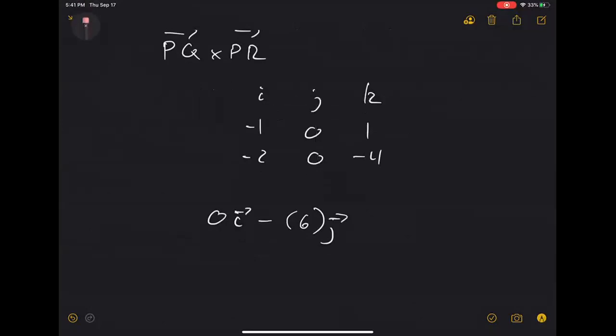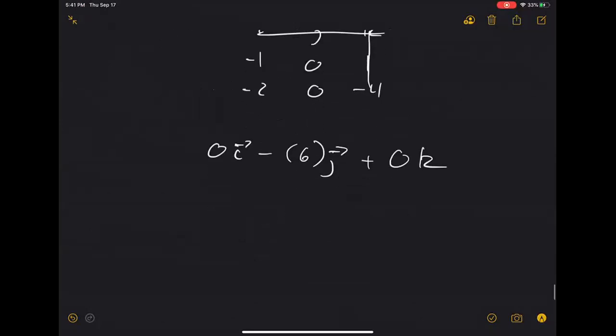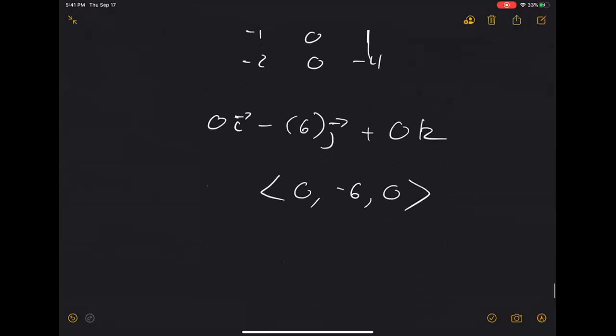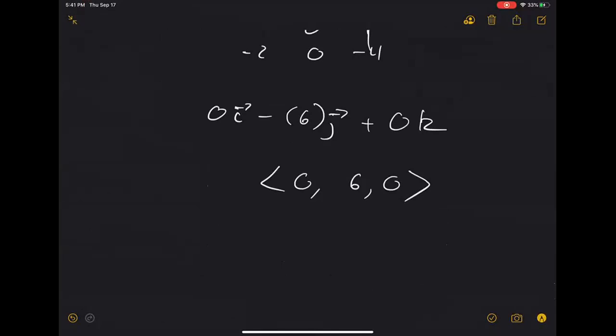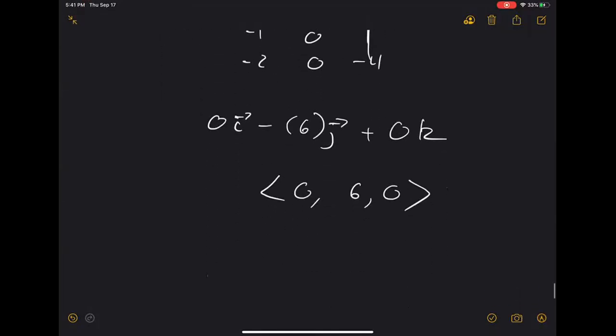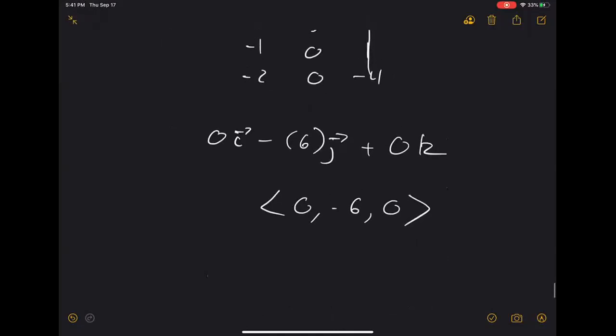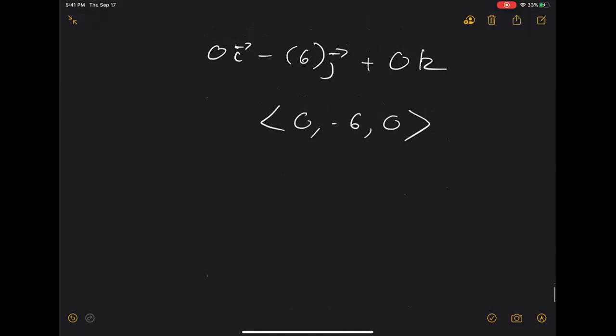And you guys feel free to correct me if I'm wrong. And then what's my k coordinate? Looks like 0. Okay, so really this normal vector is just 0, -6, 0. Now if we had done the other direction, PR cross PQ, we would have gotten +6. Either one would work. So we have a normal vector. So let's call this n.